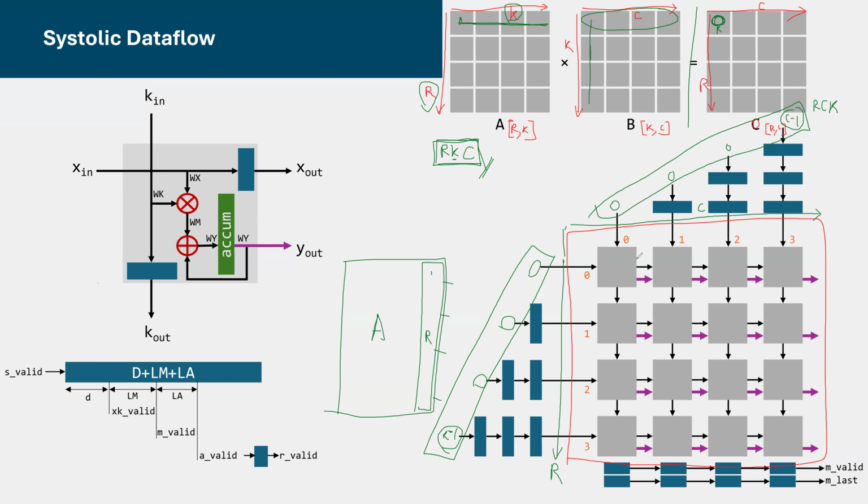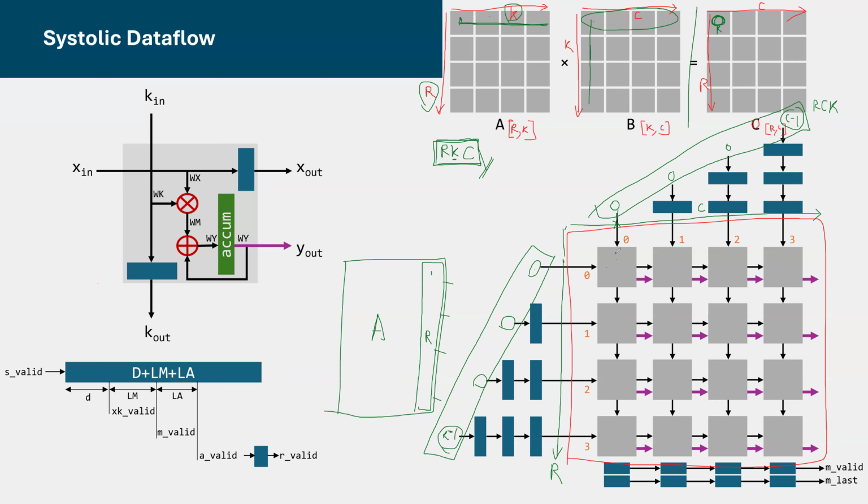Now when you send it like that, this and this both reach here in the first clock cycle. These blue boxes are registers, so you are delaying this element by 1 clock, this element by 2 clocks, this element by 3 clocks, etc. So this element and this element both reach the first one in the first clock cycle.